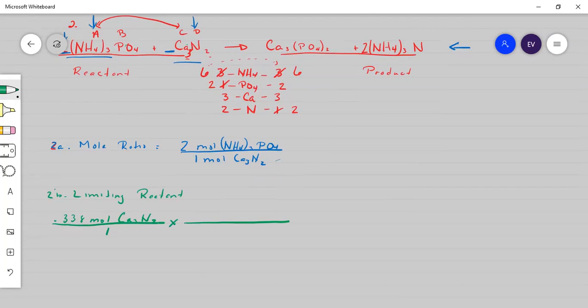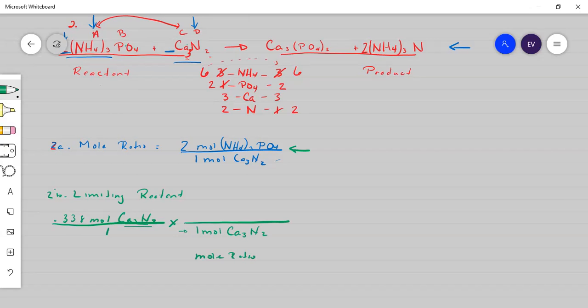Now I'm going to multiply that by the mole ratio. The mole ratio is this one, the mole ratio of the reactants. So I've got to figure out which one of these goes at the bottom. Do I leave it the way it is or do I flip it? Well, because I have calcium nitride here, I want calcium nitride here. So I'm going to leave the mole ratio exactly the way it is.